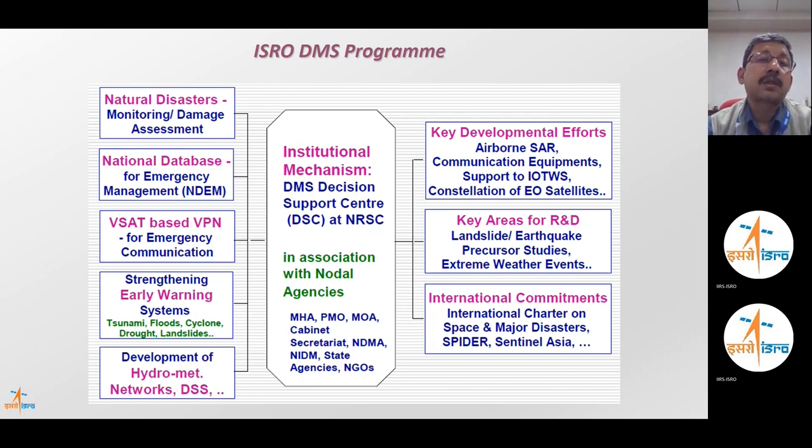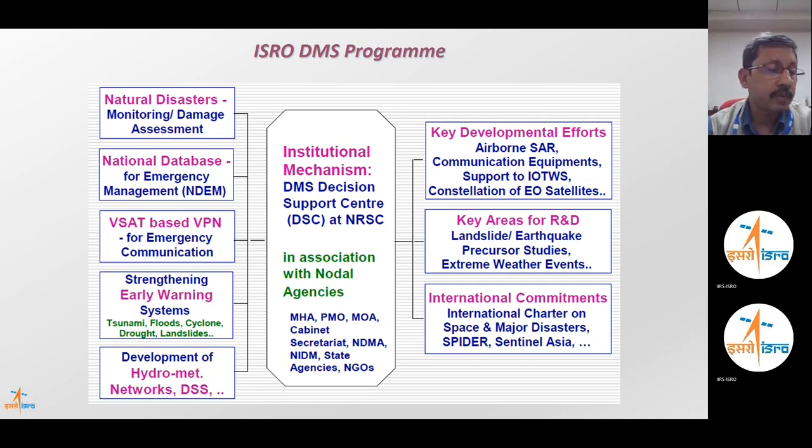Then maintaining a national database for emergency management, for rescue, rehabilitation and basically emergency governance during disasters. Then we also provide space-based communication for emergency. Then strengthening the early warning systems and development of various sensor networks which you already have.